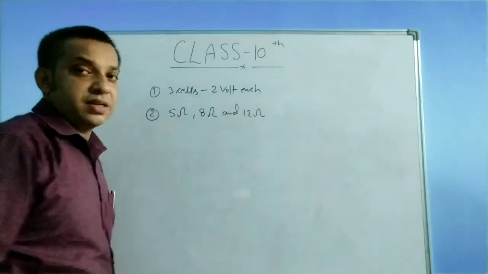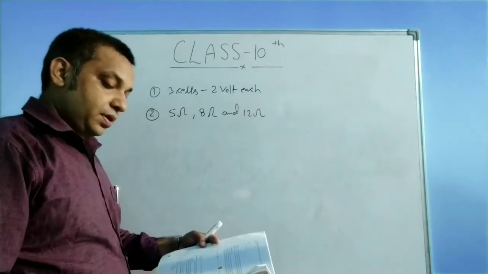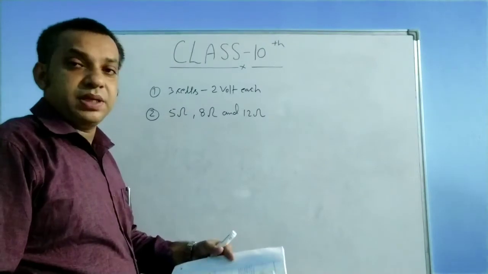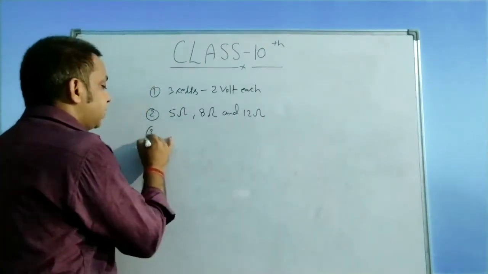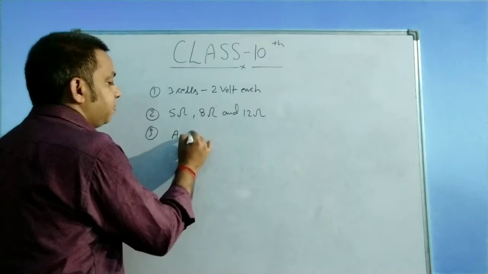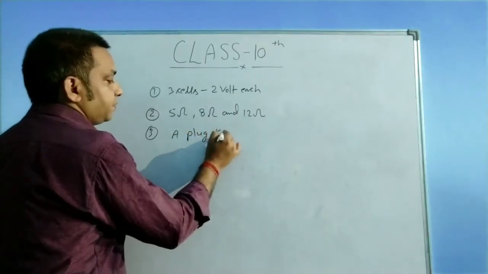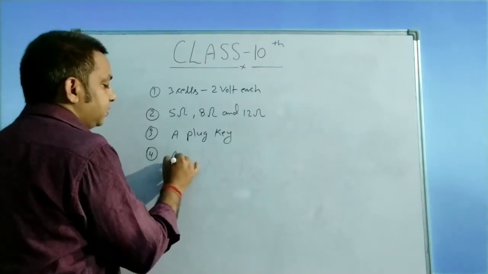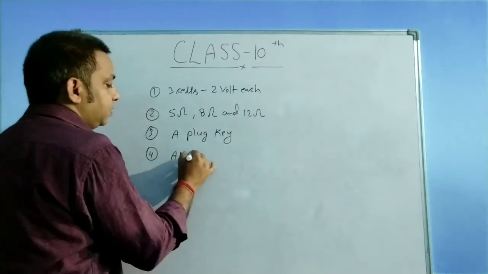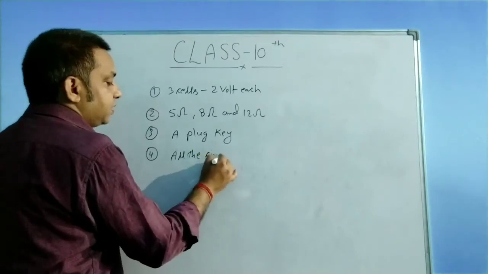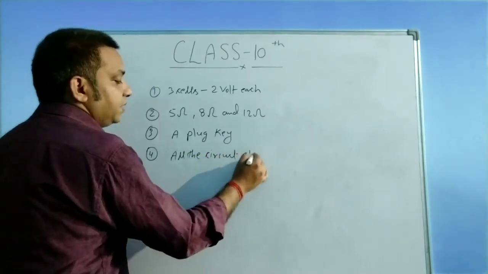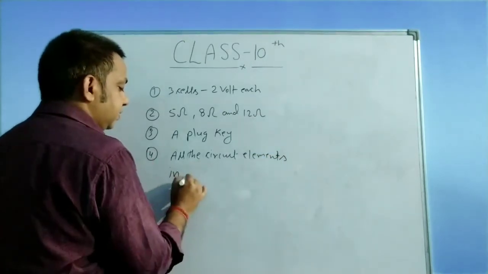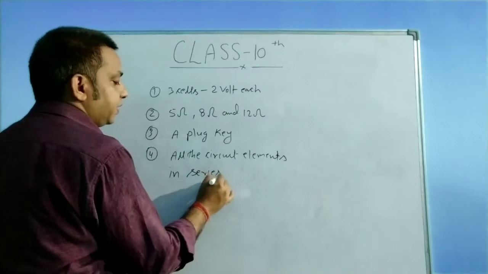So these 3 resistors are given, and we have to connect a plug key, and all connections should be in the series combination. The major point is that all the circuit elements should be in series combination. It is mentioned in the question.